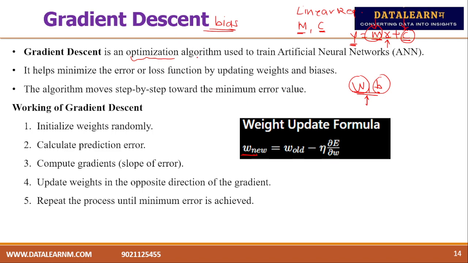So it is an optimization algorithm used to train an artificial neural network which will help to minimize the error or loss function by updating the weights. The algorithm moves step by step towards the minimum error value.